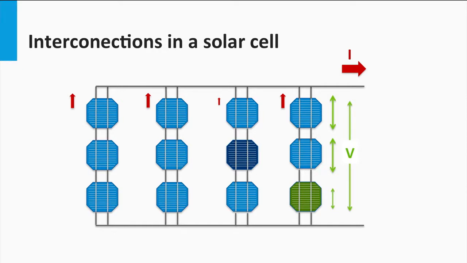Therefore, the module in practice performs a little subpar compared to the expected performance of the ideally matched and interconnected solar cells. This translates to a lower fill factor and efficiency at the module level. In fact, if the module is undergoing variable illumination or non-uniform heating, the module performance is bound to get even worse.